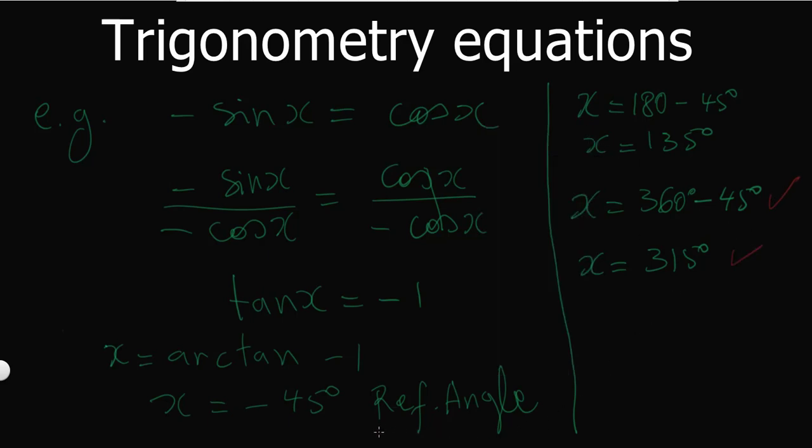Okay, this is just a reference angle. Sorry, but the correct answer will be these two: x is equal to 135 and x equal to 315. So this is also another trigonometry equation that you can come across.